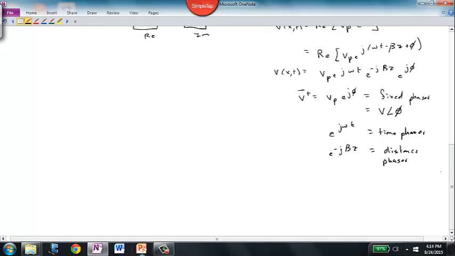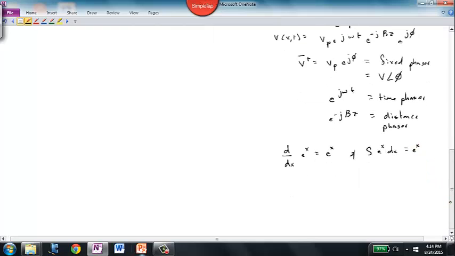A major advantage of using this form of the phasor technique is that it makes taking derivatives and integrals much easier. You might remember from calculus that the derivative with respect to x of e to the x is just e to the x, and the integral of e to the x with respect to x is just e to the x.